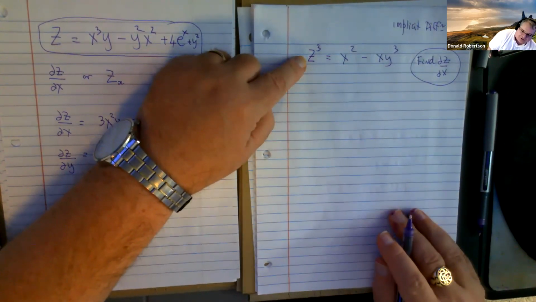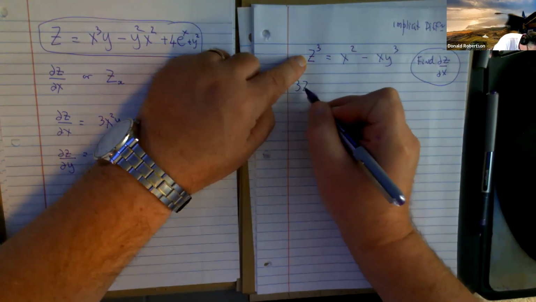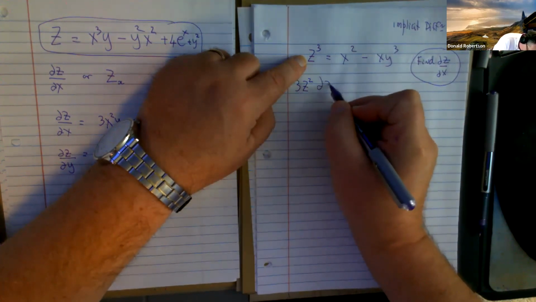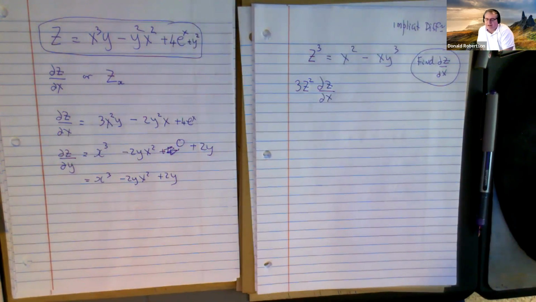If you differentiate z cubed with respect to x, you will get 3z squared dz by dx. And that comes from implicit differentiation in Calc 1. Can you remember doing the same name, implicit differentiation?